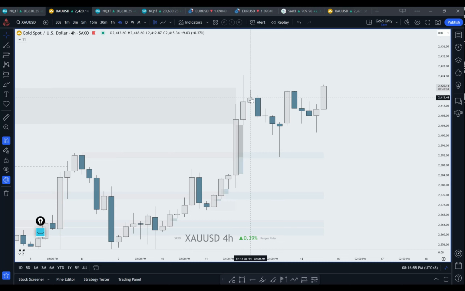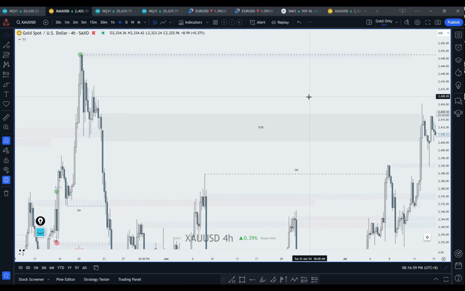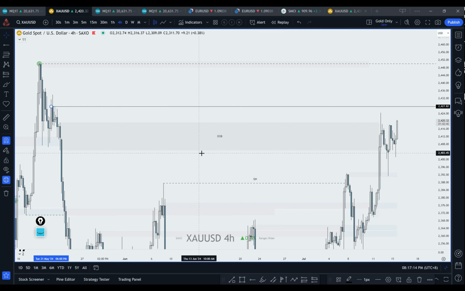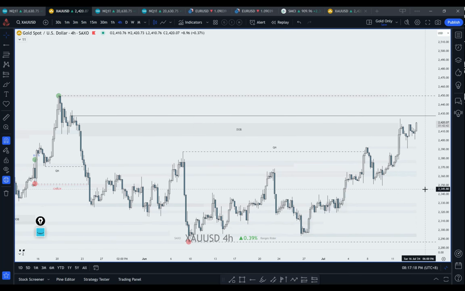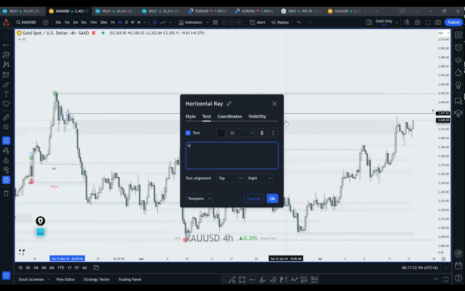On the left it is already mitigated, or further left. We need to check above this one, and then we have here H1.